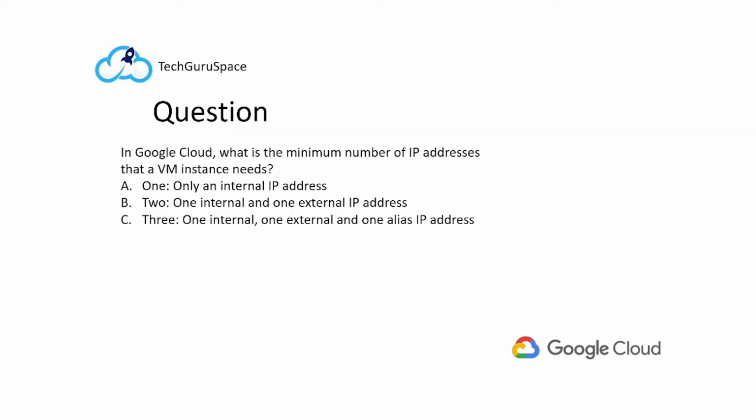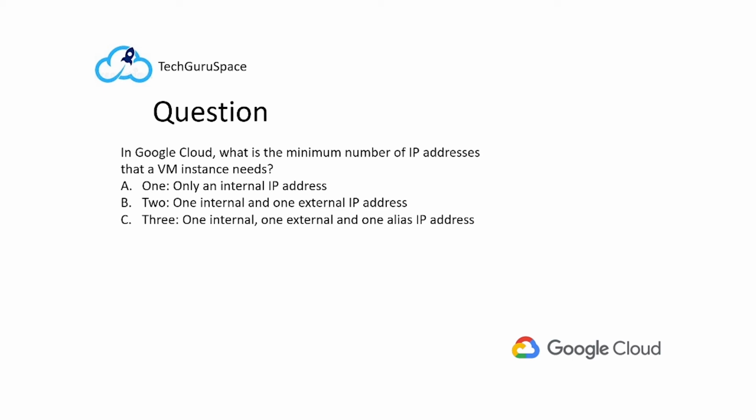So, question time. Our first question. In Google Cloud, what is the minimum number of IP addresses that a VM instance needs? A, one, only an internal IP address. B, two, one internal and one external IP address.